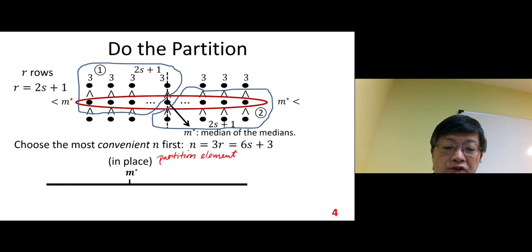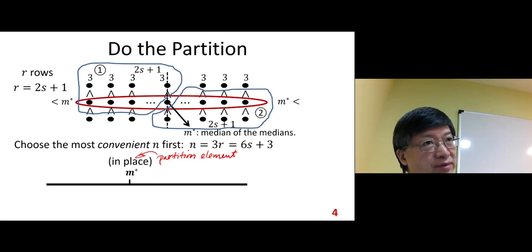M star is used as a partition element, and it must be in place. Otherwise, how can you do the partition? You will see why it is in place after we complete the whole partition step.